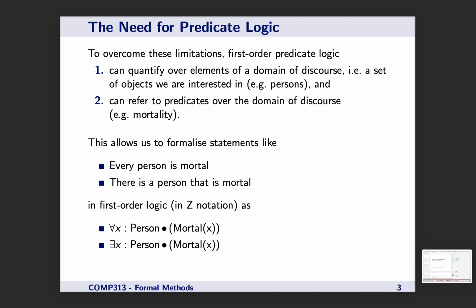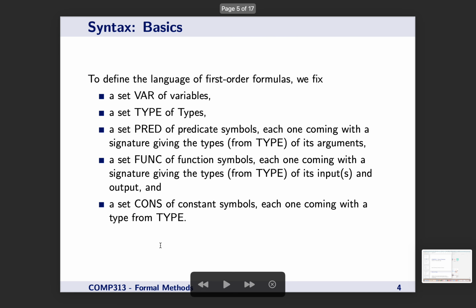This allows us to formalize statements like every person is mortal, there's a person that is mortal. The corresponding first order logic in Z notation is that every person is mortal. There exists one person that is mortal.